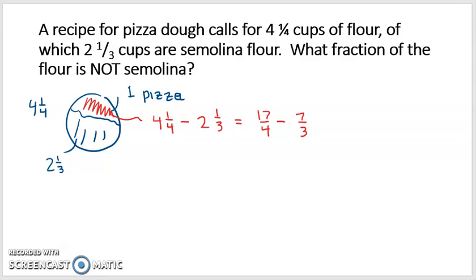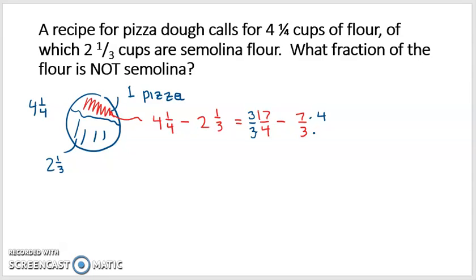Now I cannot subtract those without a common denominator. So the common denominator in this case, you've got 4 and you've got 3. So the common denominator, actually the LCM, is going to be 12. So I multiply the first fraction by 3 on the top and the bottom to create the equivalent fraction, and for the second fraction, I'm going to multiply by 4 on the numerator and the denominator.